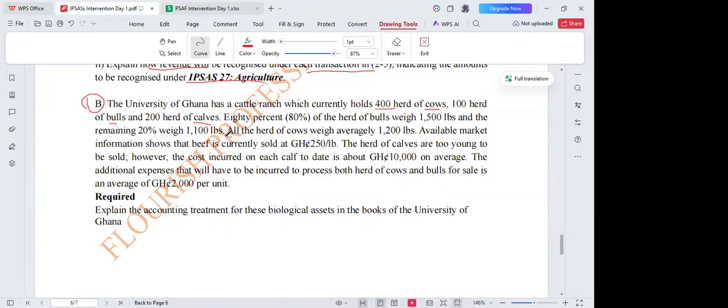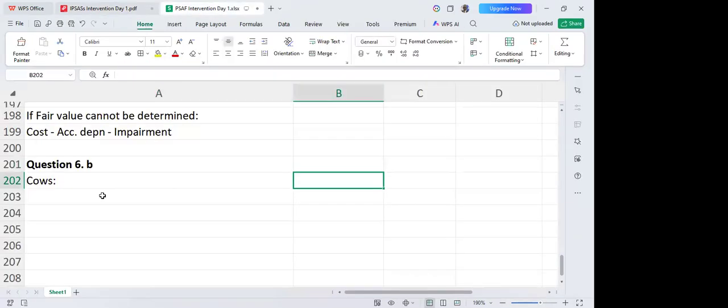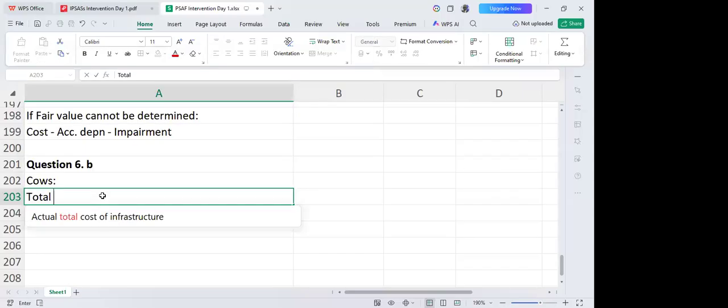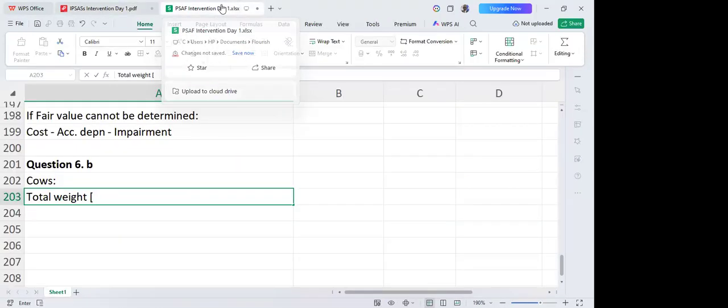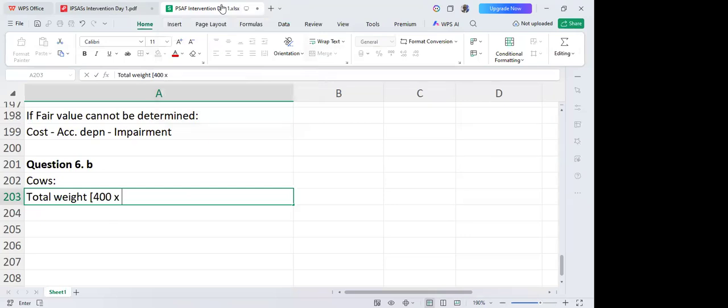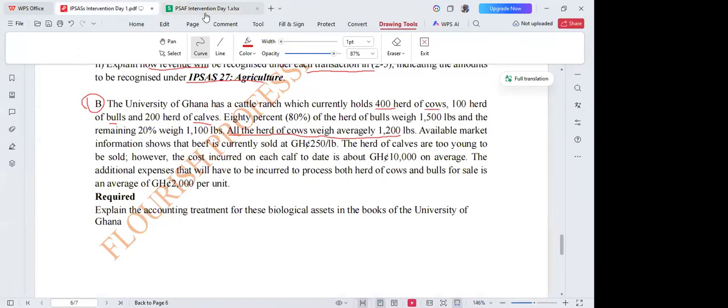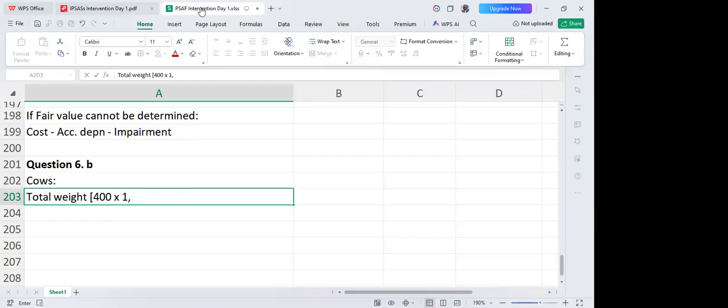They have given us the weight for all our cows; they say all the cows weigh 1,200. So we need to know the total weight. To get the total weight, the number of units for our cows was 400, then multiply by the average weight, which is 1,200.